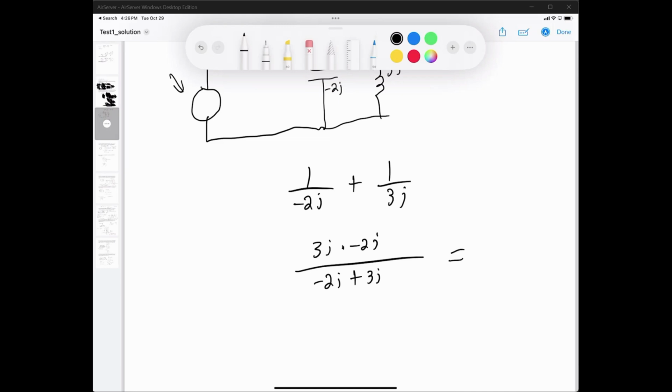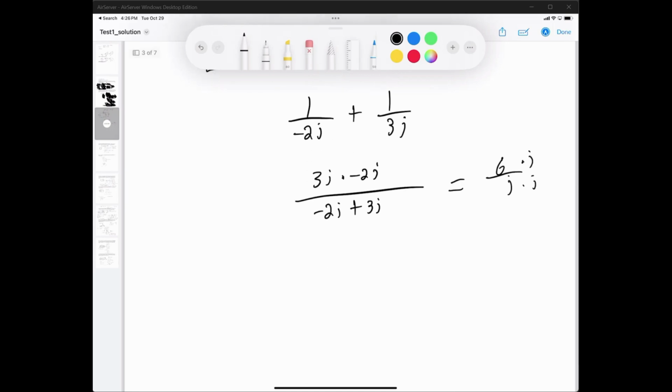And J squared makes it negative, negative. We'll get 6 up top, divided by negative 2J plus 3J, which is just J. So multiply by J on the bottom and the top to get rid of it. We'll get 6J, and J squared on the bottom makes a negative 1, so we'll get negative 6J.